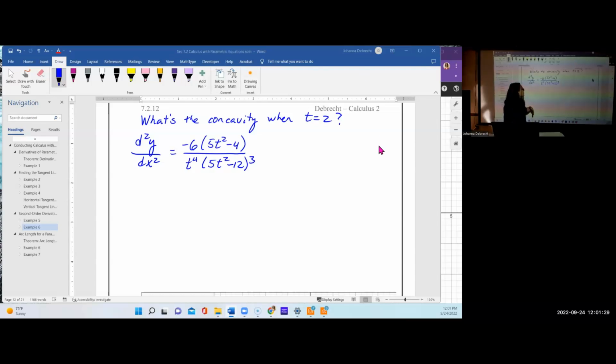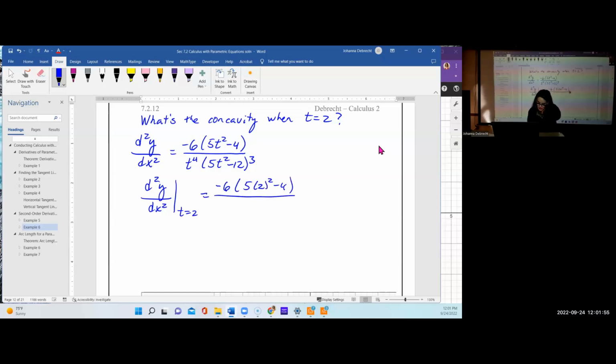So the next thing we want to consider is what is the concavity when t is equal to 2? Here's our formula for the second derivative, and we want to evaluate this when t is equal to 2. Plugging that in, the second derivative of y with respect to x when t is equal to 2 is going to give us -6 times 5 times 2 squared minus 4, divided by 2 to the 4th power, which is definitely positive, times 5 times 2 squared, which is also positive, minus 12 quantity cubed.